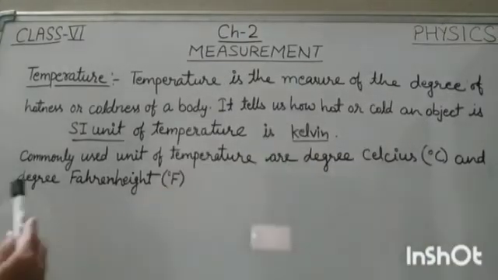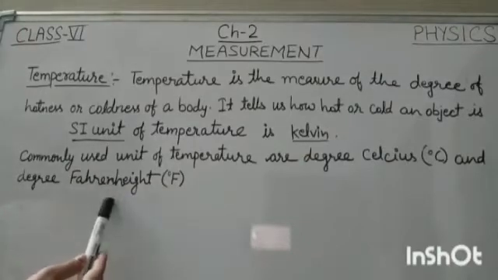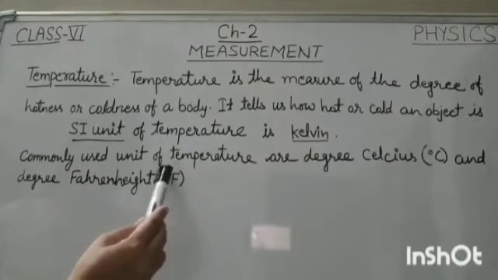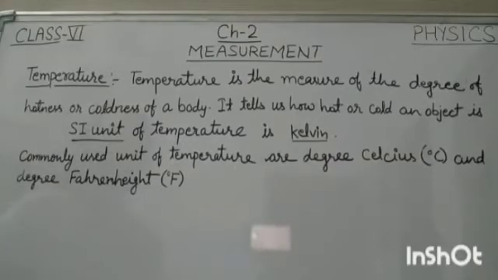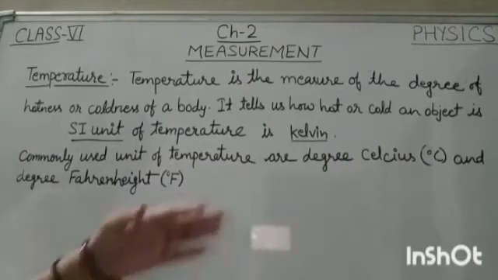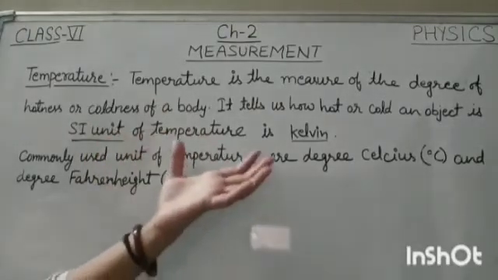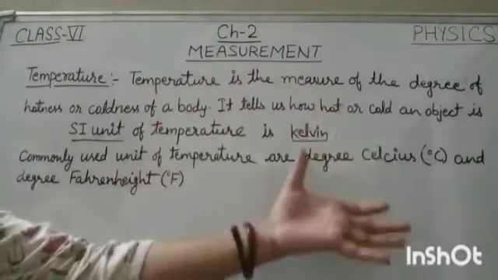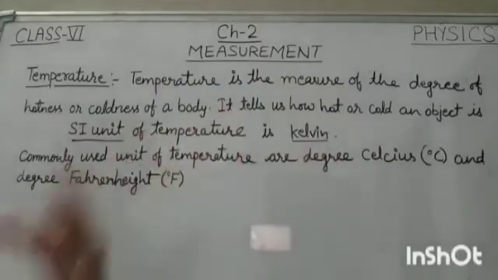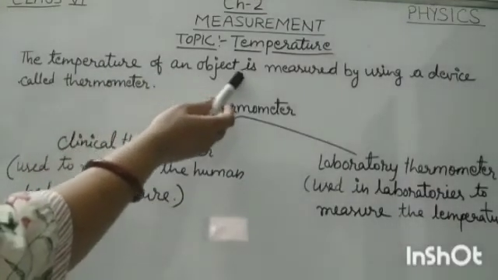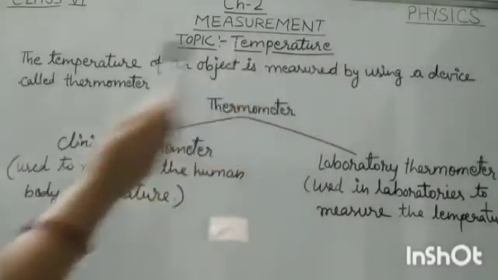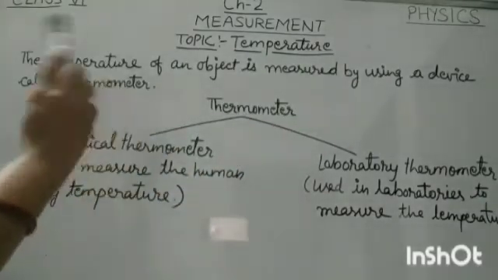Similarly degree Fahrenheit: here this small circle denotes degree and F is Fahrenheit. So temperature is measured in degree Celsius, degree Fahrenheit or Kelvin. The temperature of an object is measured by using a device called a thermometer.